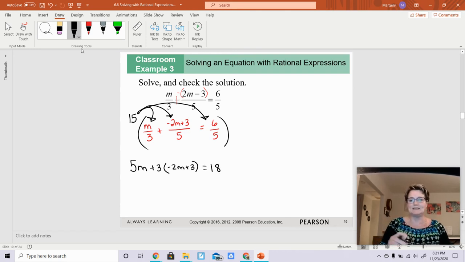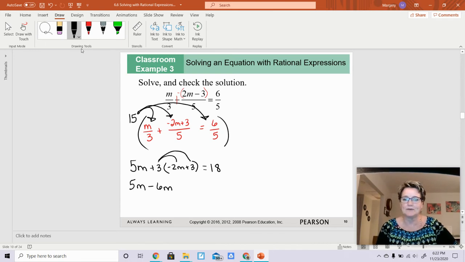Now what I have to do is distribute the 3. And so I get 5m. 3 times negative 2 is negative 6m. 3 times 3 is 9 equals 18. You want to combine all like terms possible.